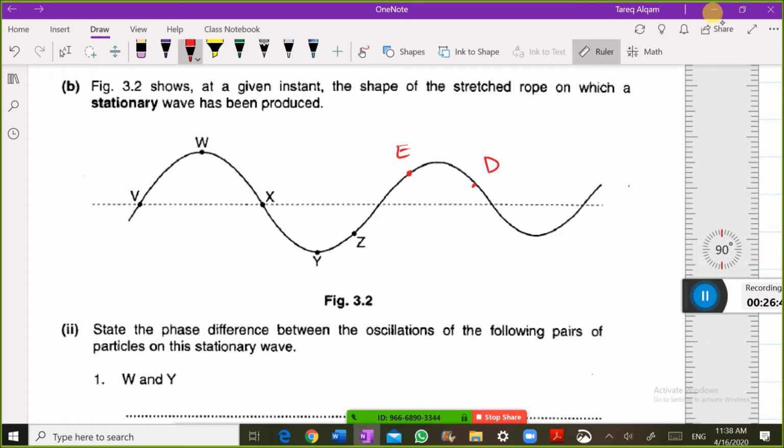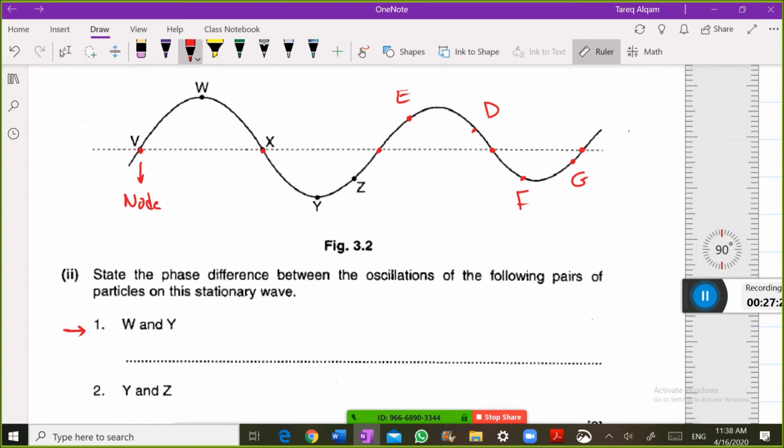Guys, first of all, this is a standing wave. Okay, it might look like a progressive wave, but it's mentioned as a standing wave. These points are called nodes, right? Now, what we are asked to find is to state the phase difference between W and Y.